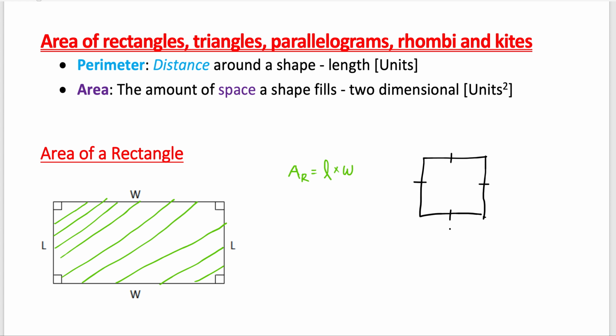That means that in this case the length and the width are the same. Therefore, the area of the square is going to be length squared. Beautiful.